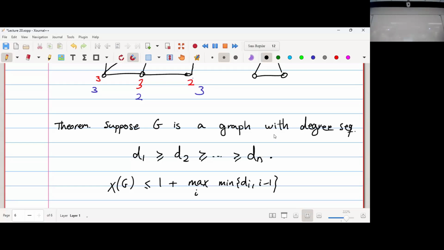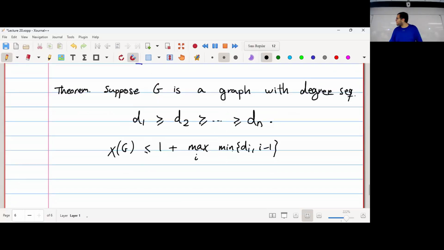So what I'm saying here is go over this sequence, and at every point in the sequence, compute the minimum of di and i minus 1, and then take the maximum of that over every index i. And I'm saying that's the number of colors that you will need at most. Okay.